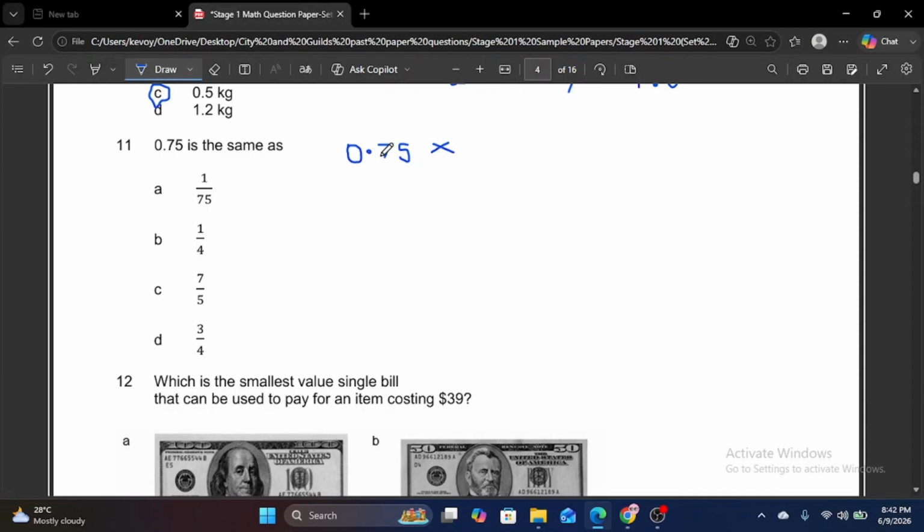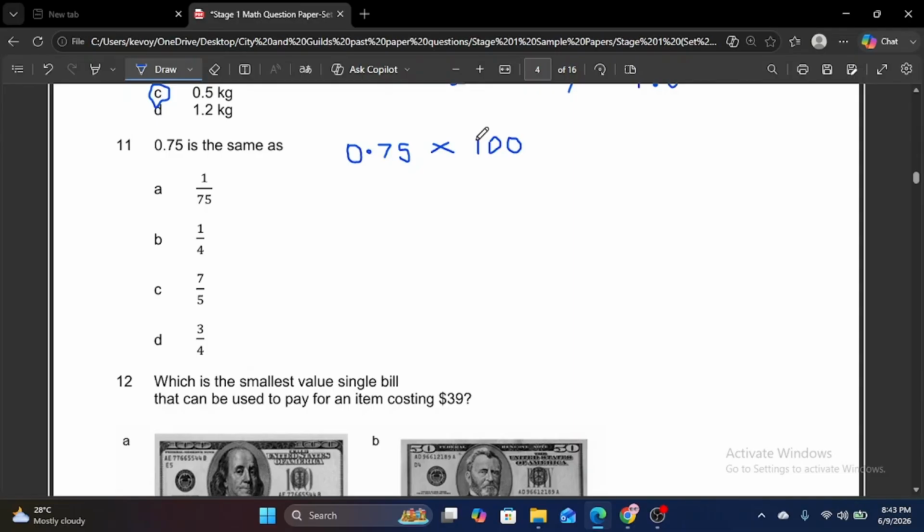And that base 10 number must have the same amount of zeros as the decimal places. So this number right here has 2 decimal places because there are 2 digits that come after the decimal point. So I am going to multiply that number now by a base 10 number with 2 zeros. That's going to be my first step. And notice a base 10 number is a number that has 1 and 0.